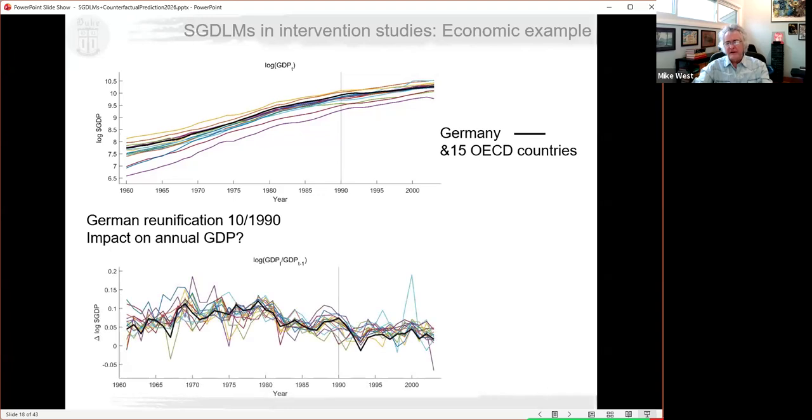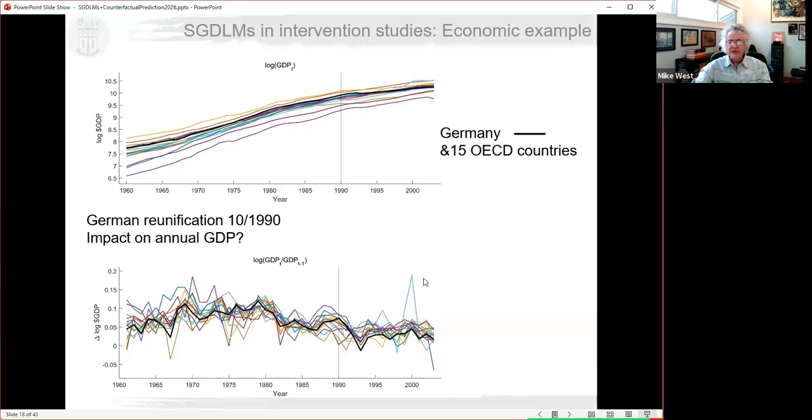We analyze the annual changes, the returns on GDP, if you like, where you see the structure. And in particular, you see in 1991, 92, and then a big 93 dip in Germany and several of the other series. Those of you that are old enough will remember there was a recessionary couple of years in Europe and the US that was confounded with the reunification events in many ways.